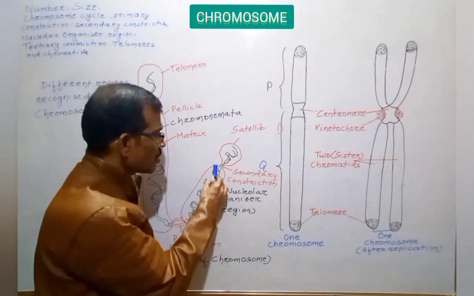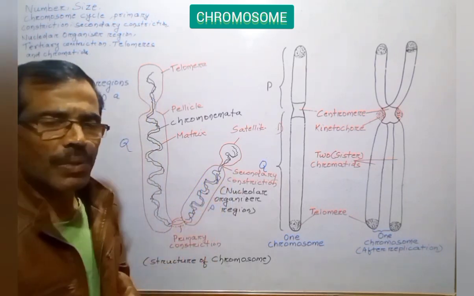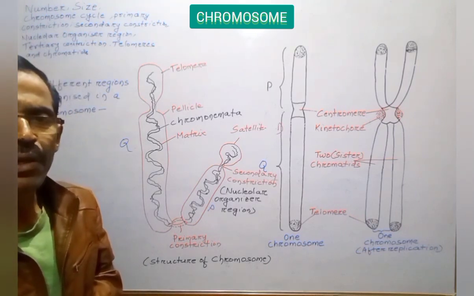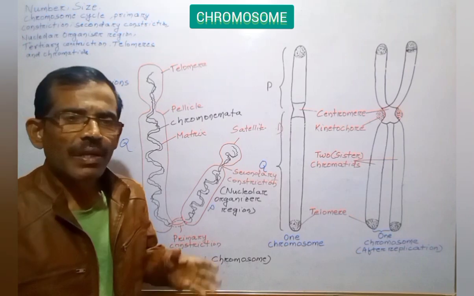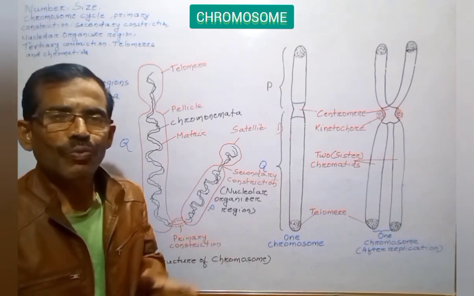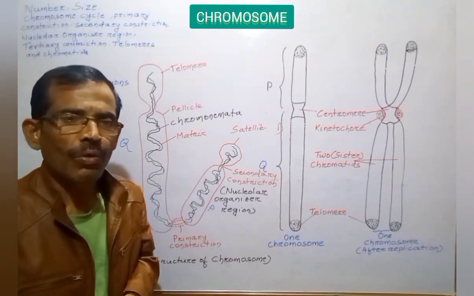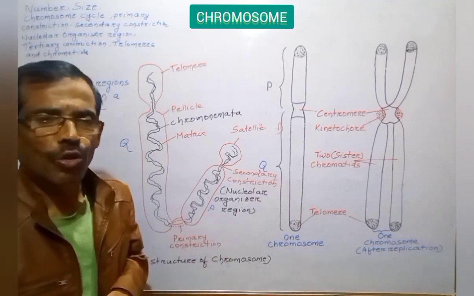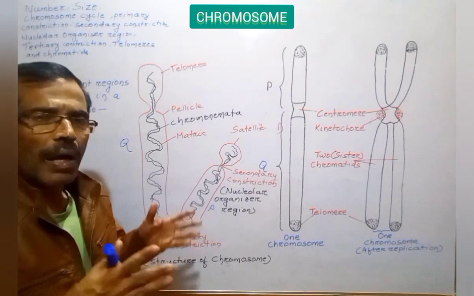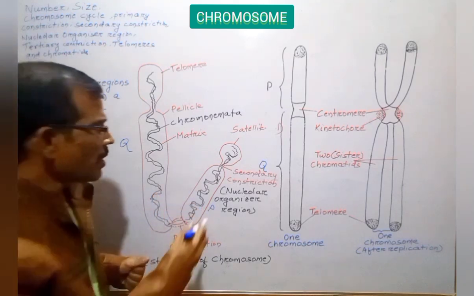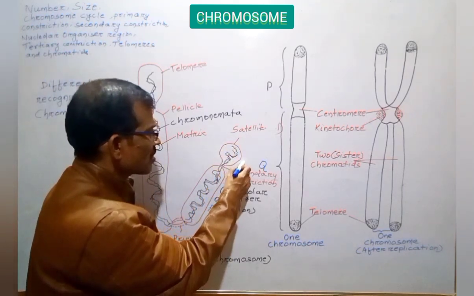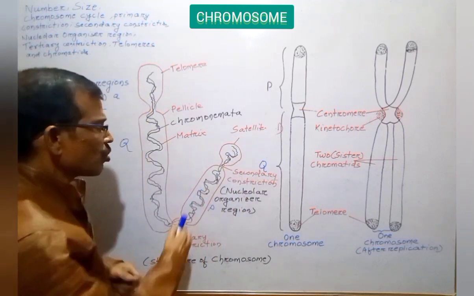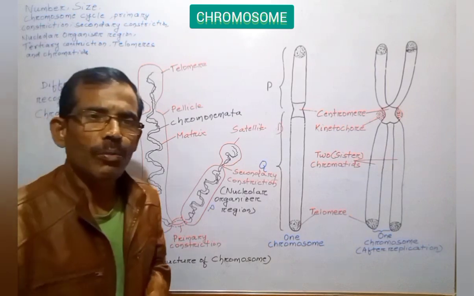This region is thought to be involved in the formation of nucleolus. In addition, many chromosomes also have tertiary constriction whose functions are not known, but they are helpful to distinguish between chromosomes. And the part of a chromosome which is present beyond secondary constriction is called satellite. Such type of chromosomes are called satellite chromosomes.